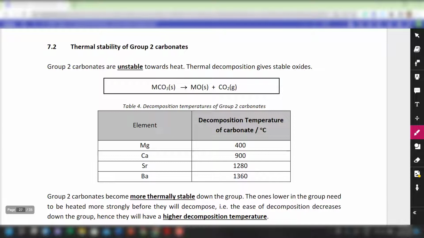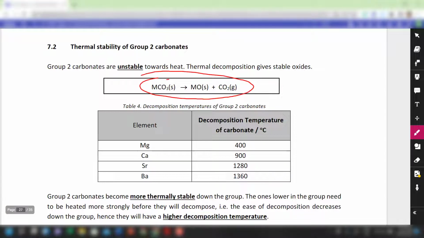So that means that the forward reaction, where the carbonate will decompose to drive out a small molecule, the probability of that reaction will increase. So this particular thermal decomposition, where the carbonate decomposes to give us the oxide and the CO2, actually increases.